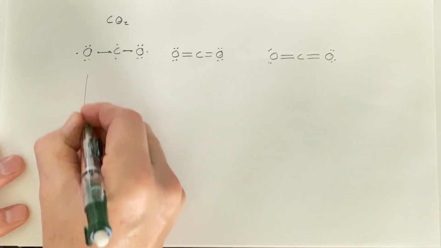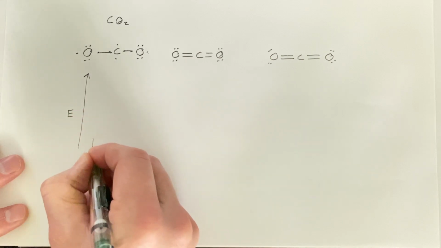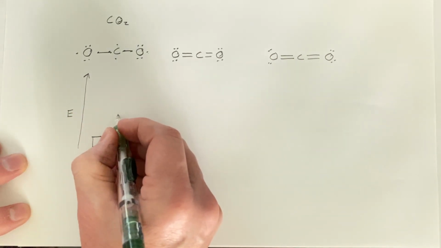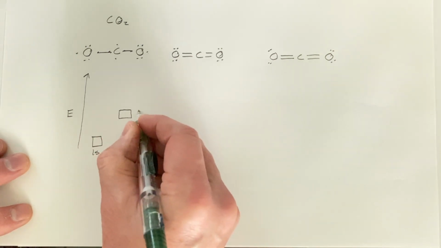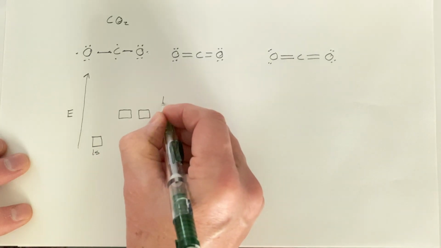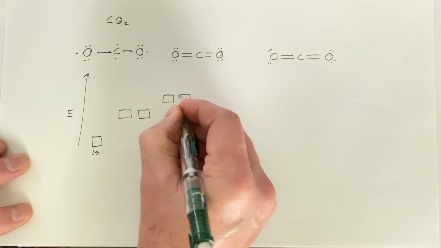So we could look at this and say, all right, we'll draw our orbital diagram. We'll put our 1s orbital at the bottom of the energy level. We'll make one hybridized bond and another hybridized bond. That means that we have 2 bonds that are not hybridized.